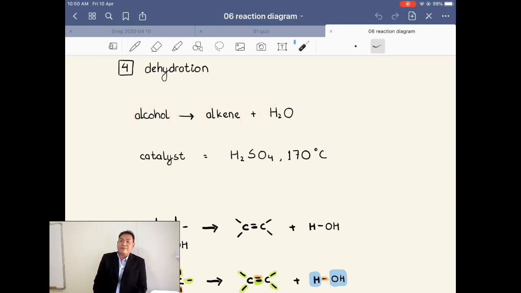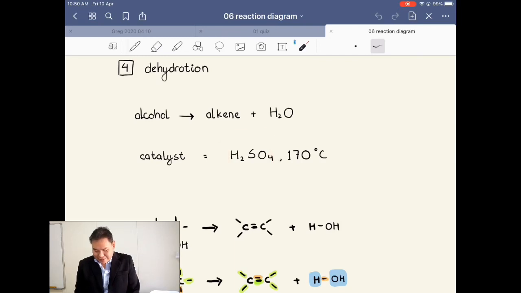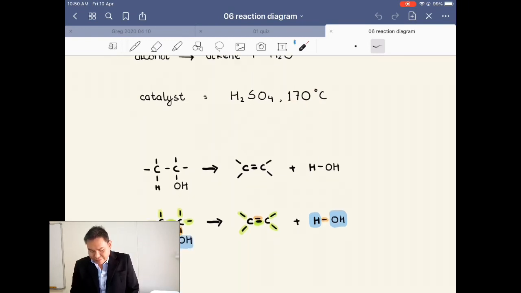And how do you do that? By using a catalyst or drying agent. The drying agent here is H2SO4, also called sulfuric acid, concentrated sulfuric acid. And the temperature is 170 degrees.